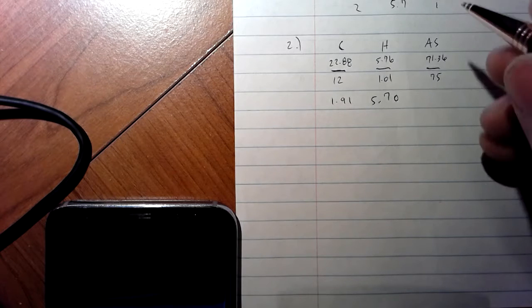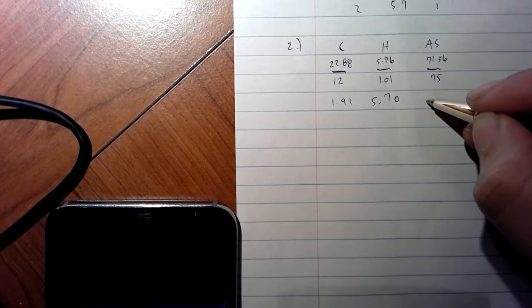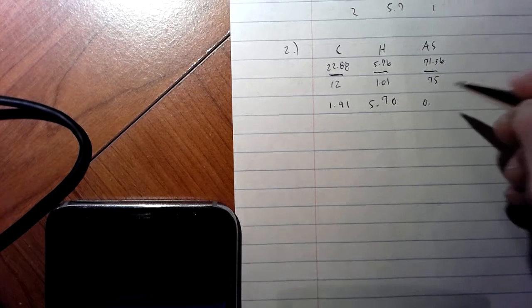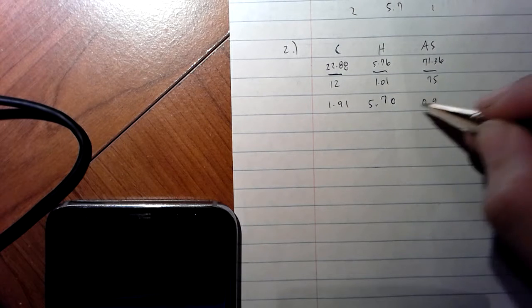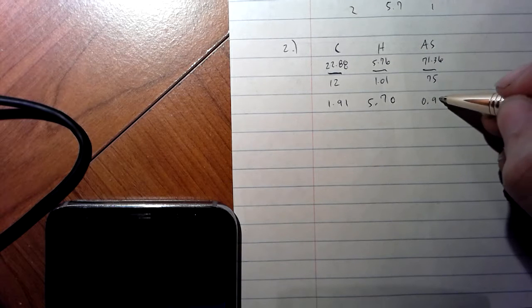And then the third one I get 71.36 divided by 75.951. I'll keep that with 2 places after the decimal.